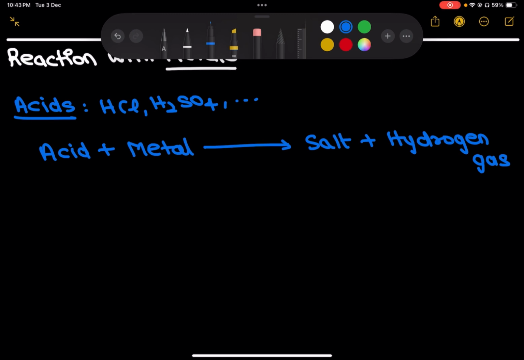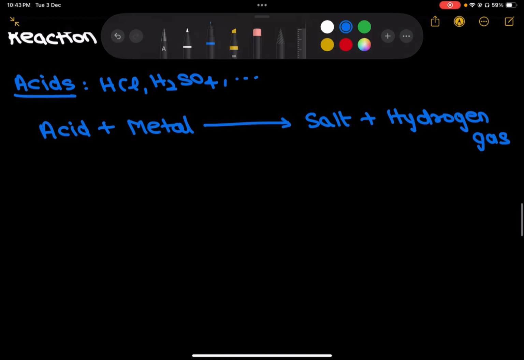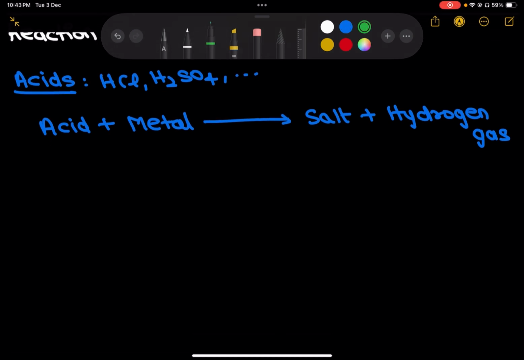So we'll understand this through an example. Okay, so the example we'll take will be, acid first. So acid will take H2SO4. Fine. So H2SO4 is an acid. The metal we'll take is Zn, zinc. Correct. So what will be formed?